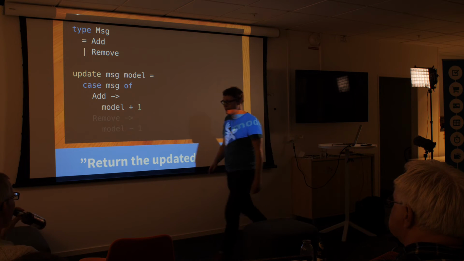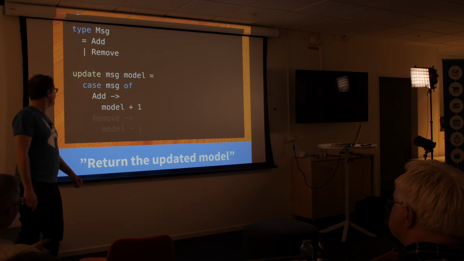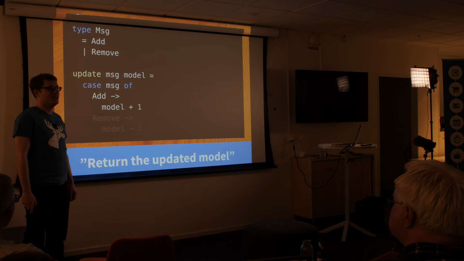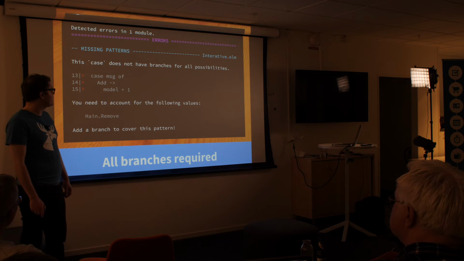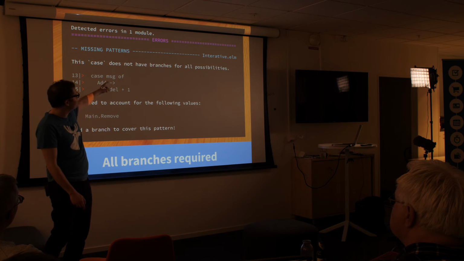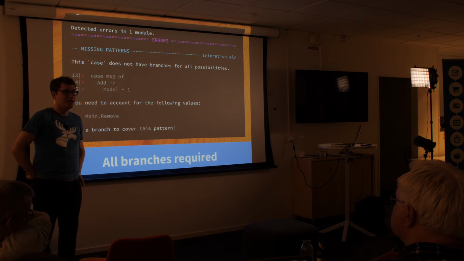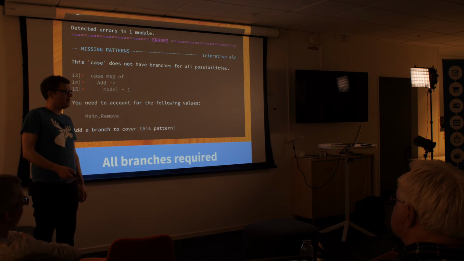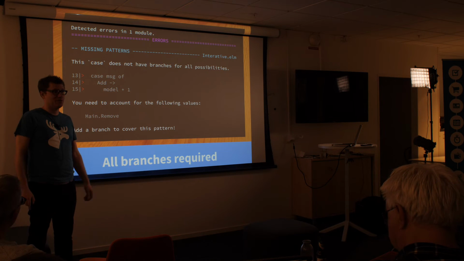Now if we remove the remove choice here, what happens then? We get a compilation error that says you need to account for the following, add a branch to cover this pattern. So this case does not have branches for all possibilities. So when you're using a type in Elm and when you're using the case statement, you need to cover all different possibilities.